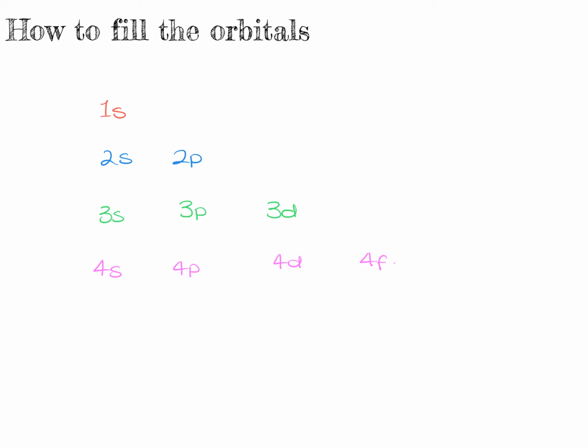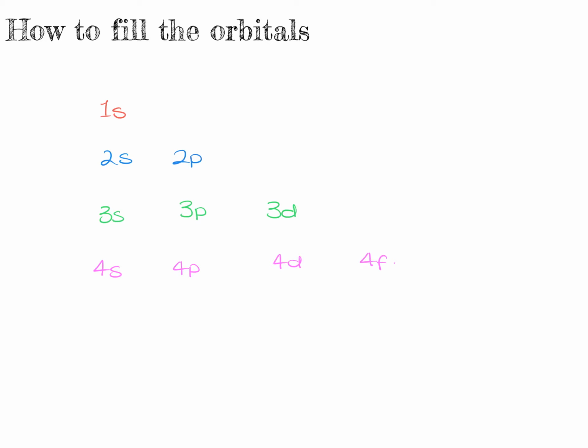Now the way to figure out the order is not straightforward. You would hope that you just fill 1s, and then 2s, and then 2p. It doesn't quite work like that all the way down. It's a little bit more complicated, so this diagram is going to help you remember how to fill the orbitals. We take some arrows and go down diagonally from top right to bottom left through each row.